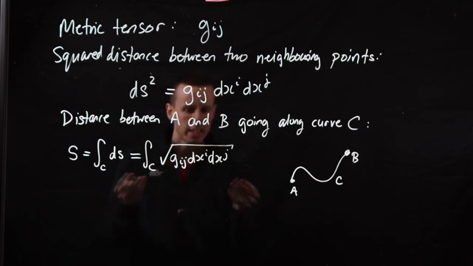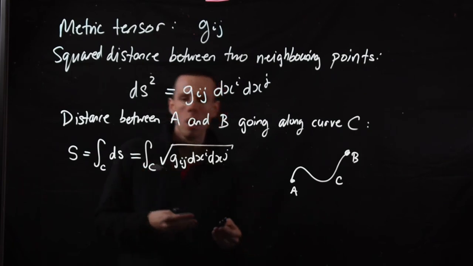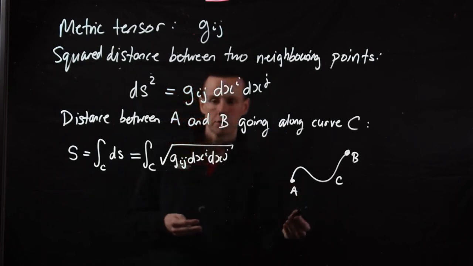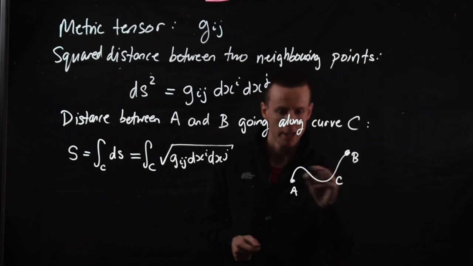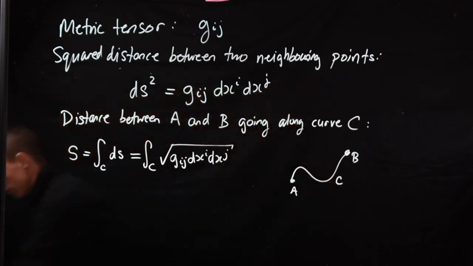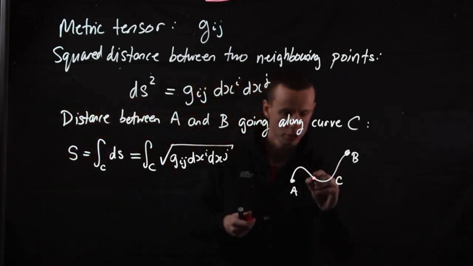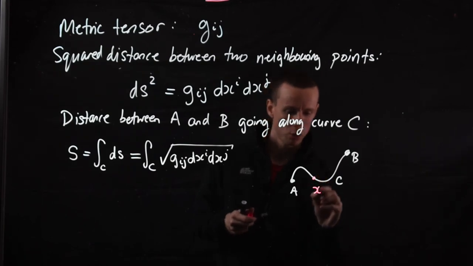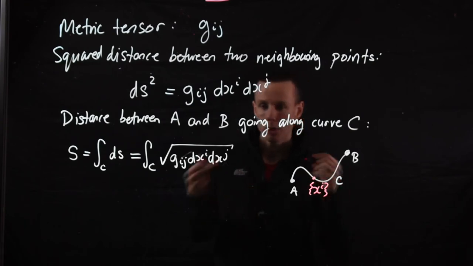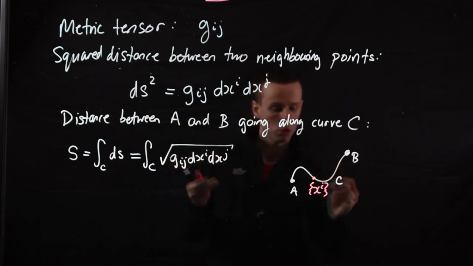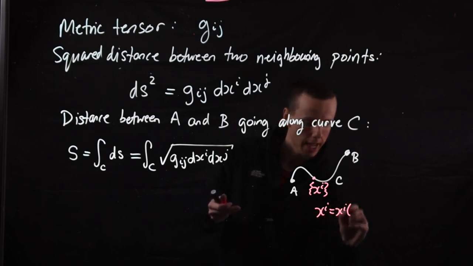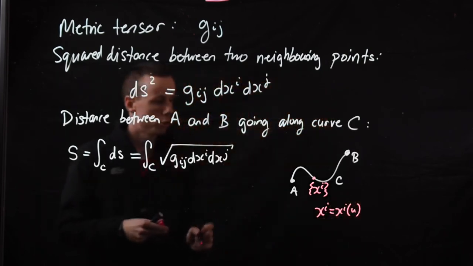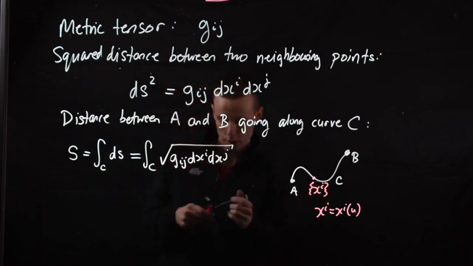But how do we find an integral like that in practice? The curve is parametrized. So we parameterize this curve. Imagine you have a point on the curve, just an arbitrary point on the curve with coordinates xi. We can parameterize the curve by a variable, let's just call it u, just a scalar. So xi is equal to xi of u. In other words, the coordinates are functions of some parameter u.